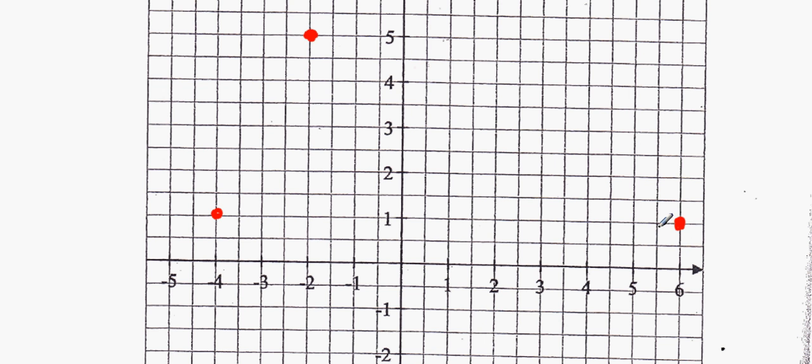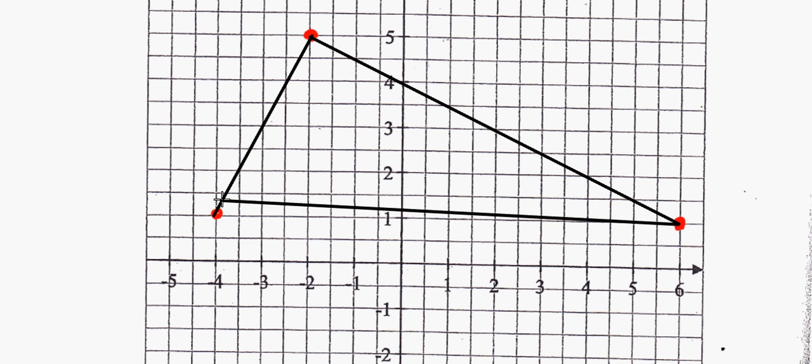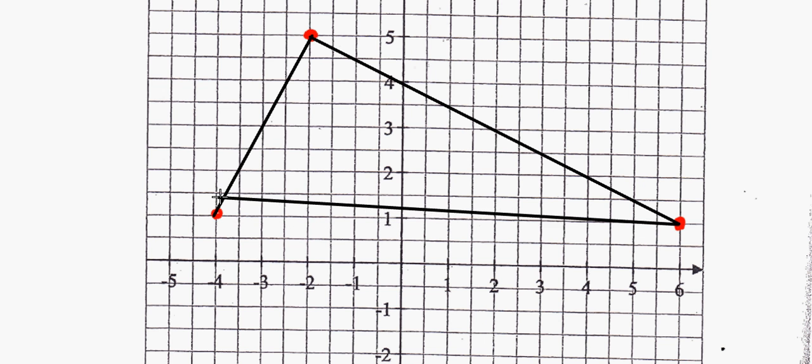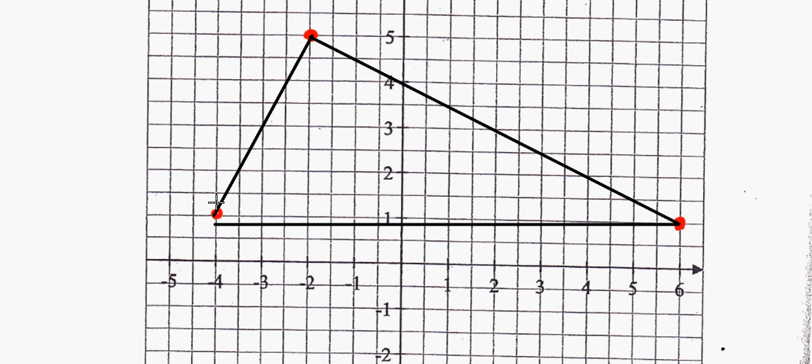Now what we can do is more or less just join these points up together here. And here's our triangle. Just not happy about doing that, so we'll give it one more go here.